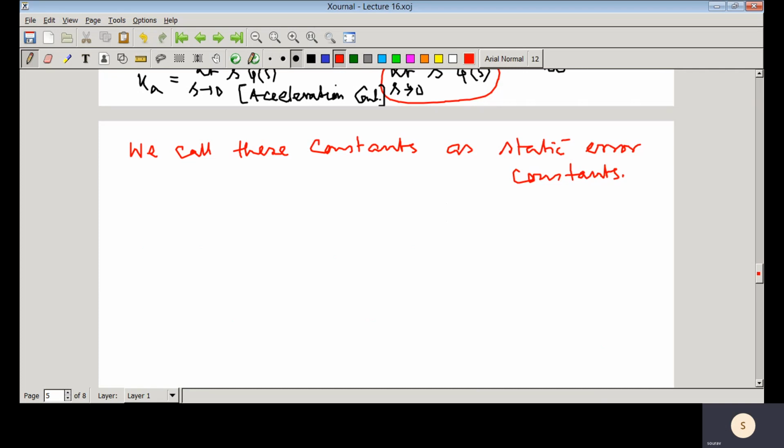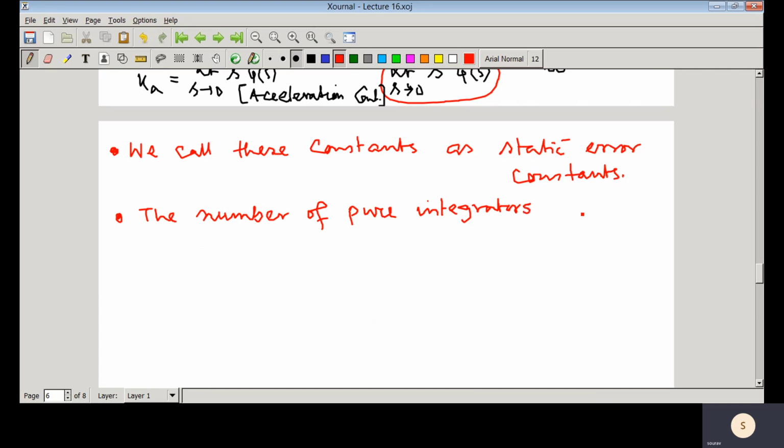So this is very important: the number of pure integrators. A pure integrator means it will introduce 1 by s.